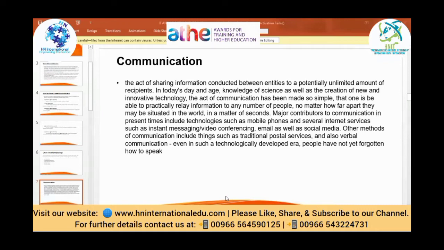And there are postal services which are traditionally used in some situations, and also verbal communication, like on WhatsApp now there is the voice note. Before, there was just a texting message, but now it is verbal also.